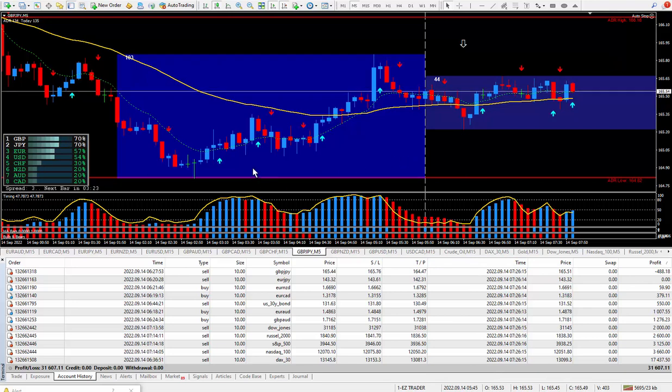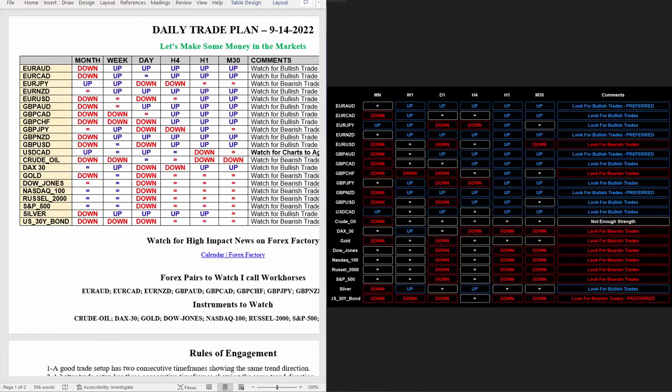So here we go. We can get into these trades. Now keep in mind at 6 o'clock in the morning, right where this vertical line is, I'm in front of the computer putting together my daily trade plan. Here's the daily trade plan on the left in a Word document. I put it together manually, and it's subject to human errors.